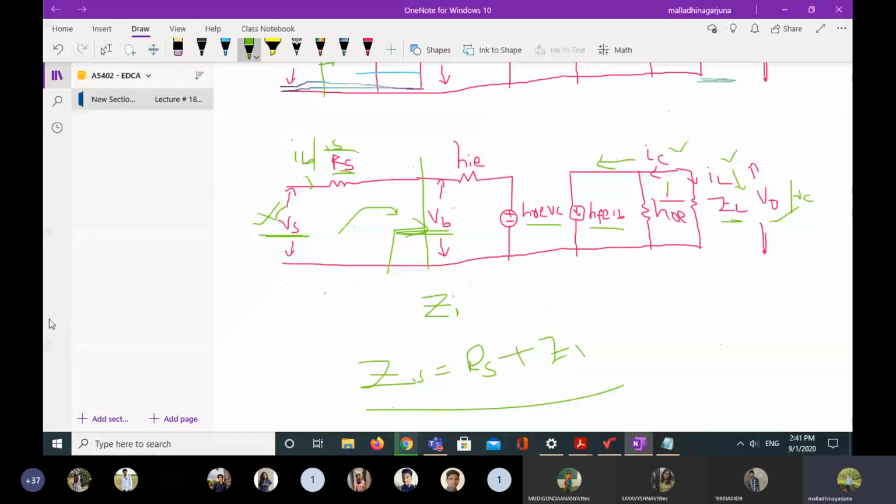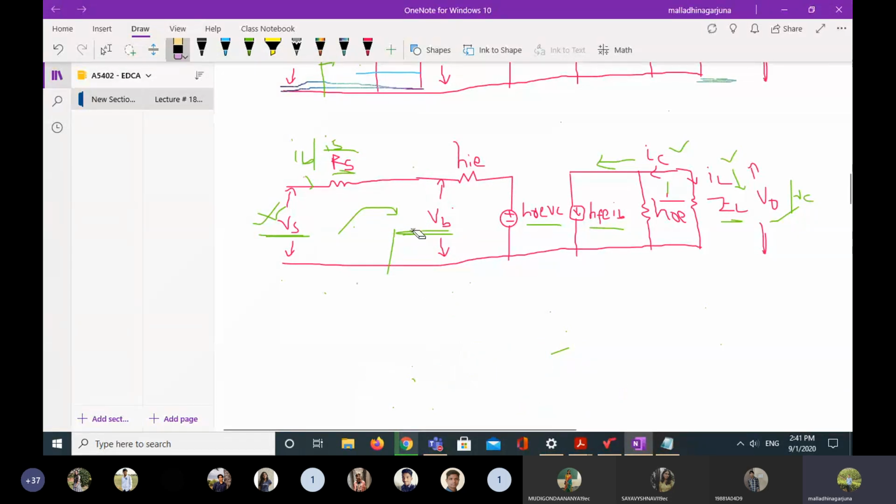The next one, voltage gain, we have to calculate. What is voltage gain with source resistance? AVS equals Vc by Vs. We can split this as Vc by Vb into Vb by Vs. Therefore Vb cancels and we get Vc by Vs. Vc by Vb we already calculated, that is AV.